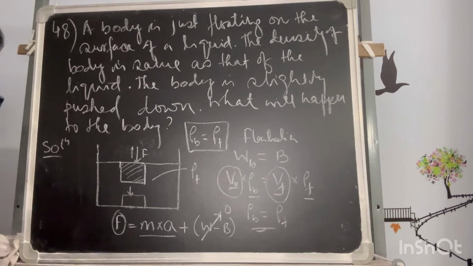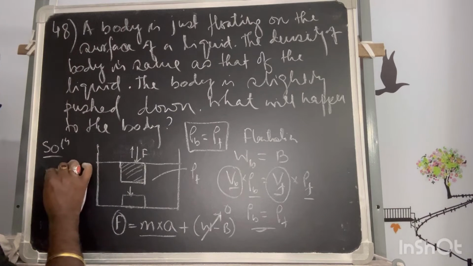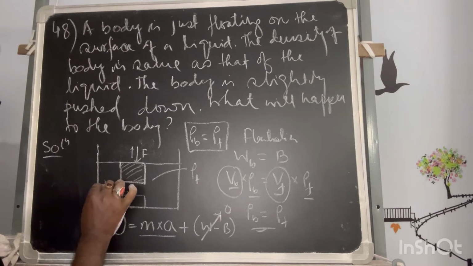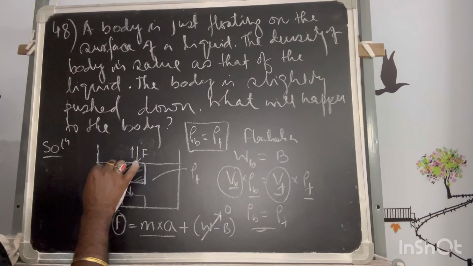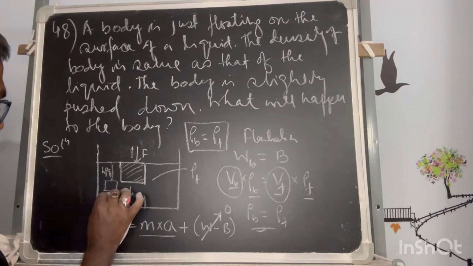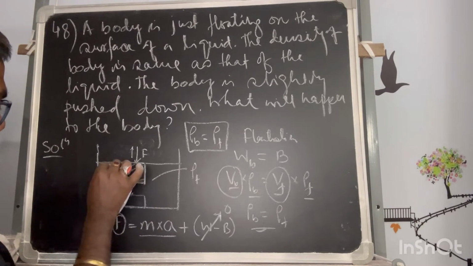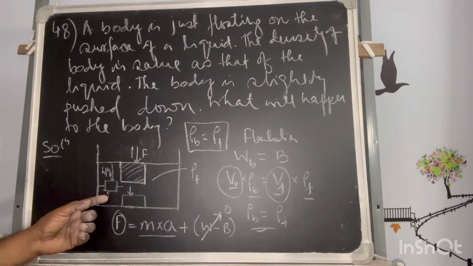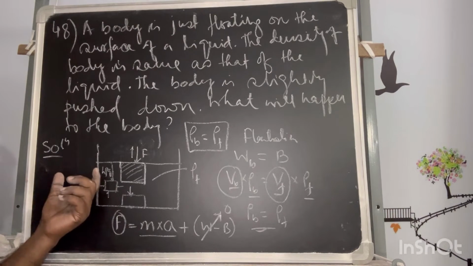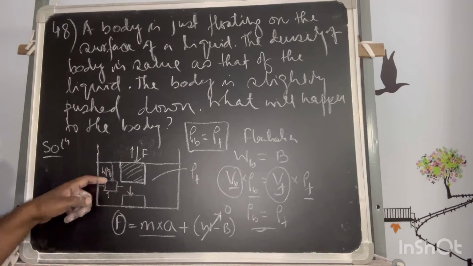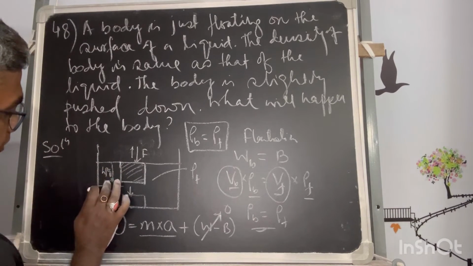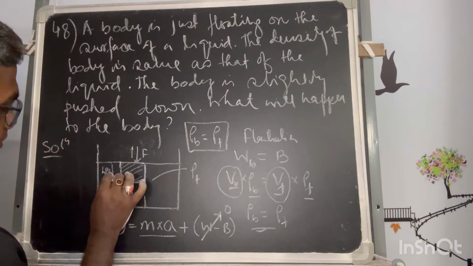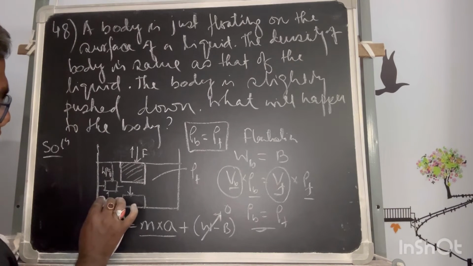Even if you consider the body at any point of time, this is H rho G, the pressure, and this pressure is acting from both sides. So there is no net pressure energy into area, that means the force will not act on the block this way. This is acting in every direction.